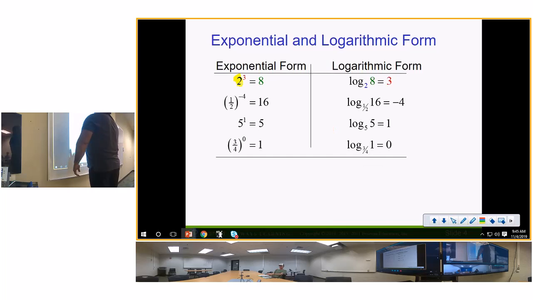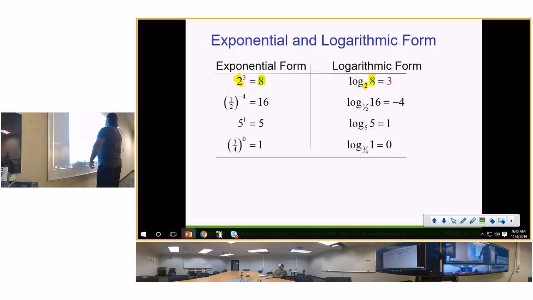Okay, there's my base. My base is going to go right there. And then this is Y. Y goes right there. And then this is X.